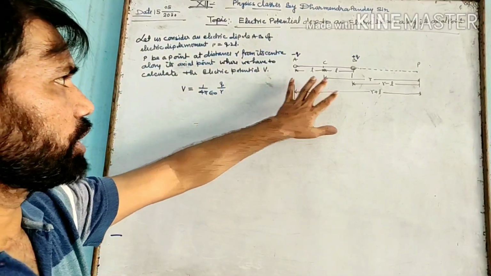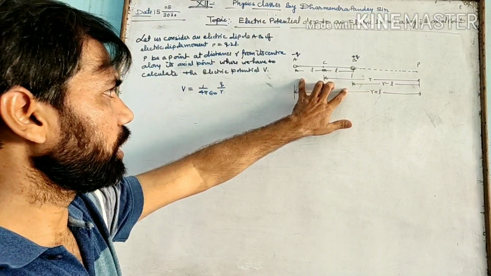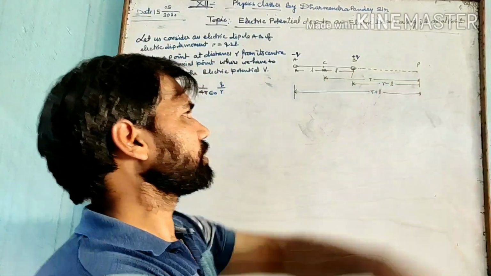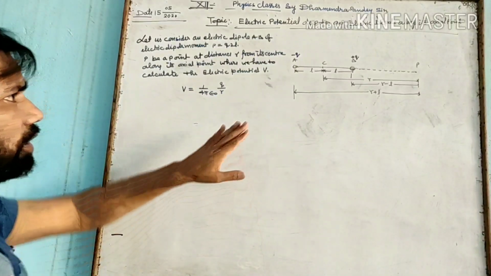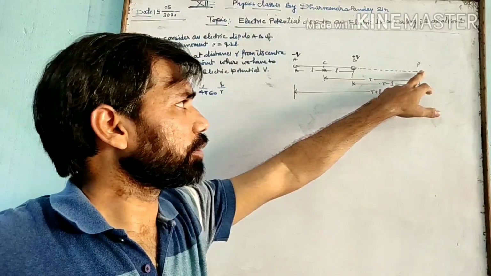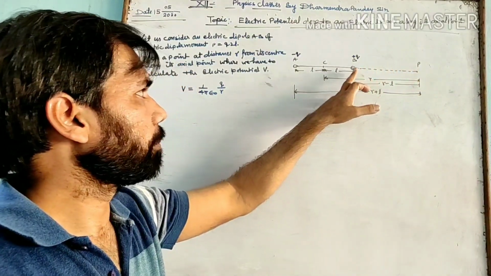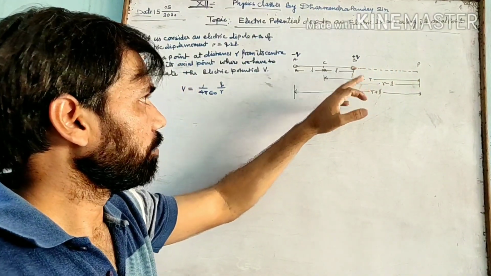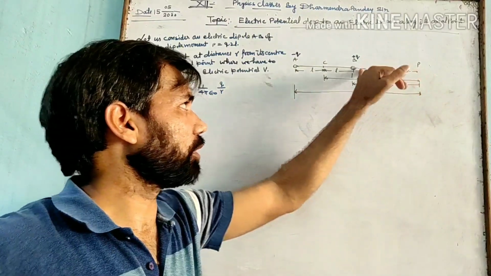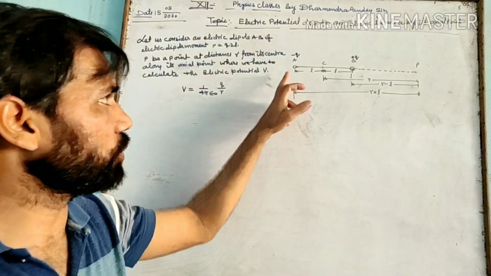If the dipole is placed in air and the point of observation is also in air, then first we have to calculate the electric potential at point P due to plus q charge, because we know the charge and we know the distance of point P from the point charges plus q and minus q.